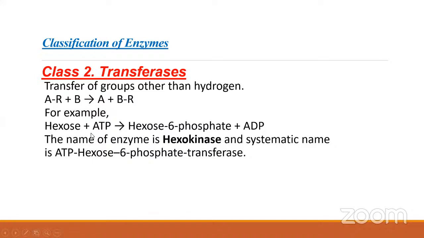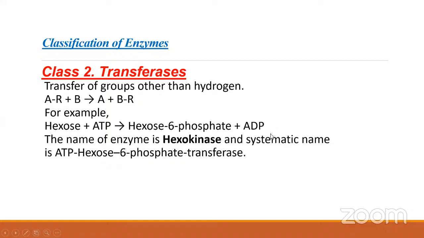See, glucose is converted into glucose 6-phosphate by the action of the enzyme hexokinase. It requires one molecule of ATP for the phosphorylation of glucose. Where is the phosphate coming from? ATP. Yes, ATP is donating that phosphate, and phosphorylation of the glucose molecule occurs, converting it into glucose 6-phosphate. ATP is converted into ADP.